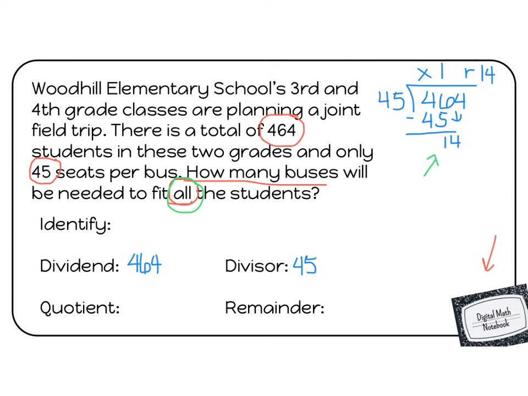Our quotient is actually 1, and our remainder is 14. But if we were planning a trip and we wanted everybody to attend, then we would need 2 buses. Please pause to fill in the boxes in your digital math notebook.